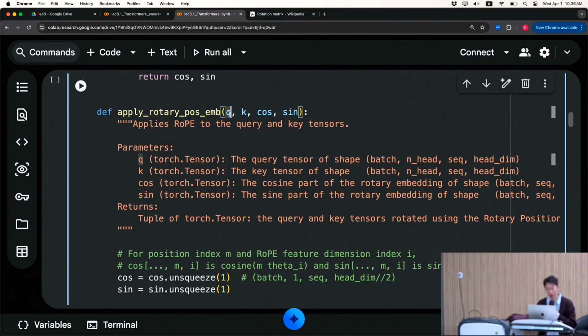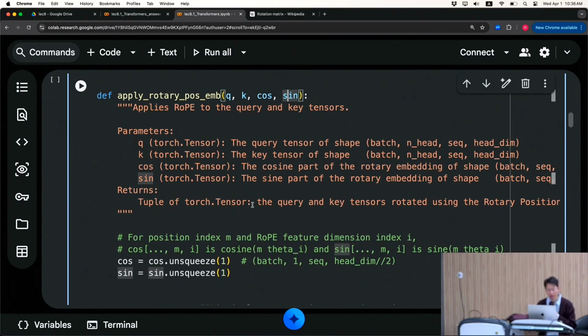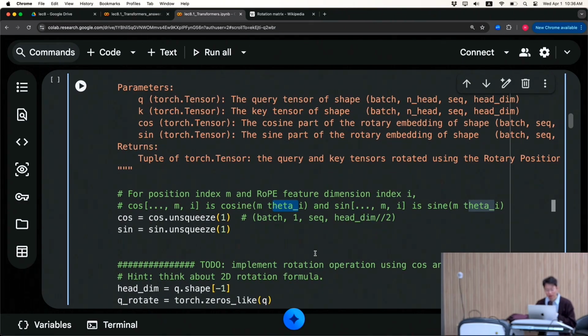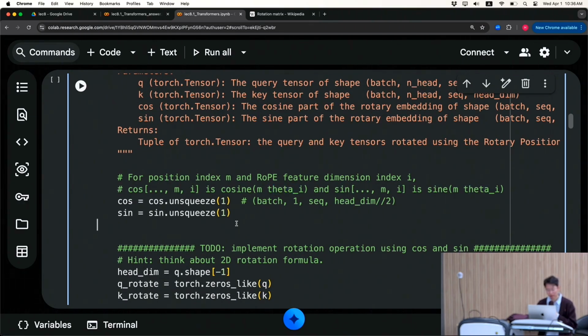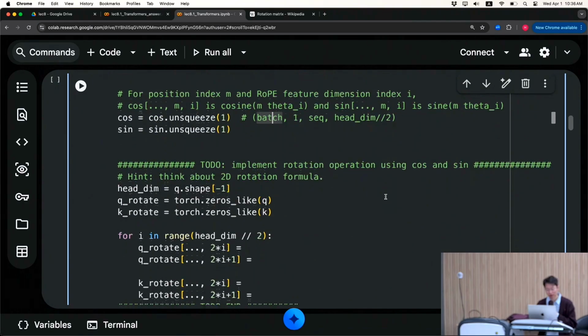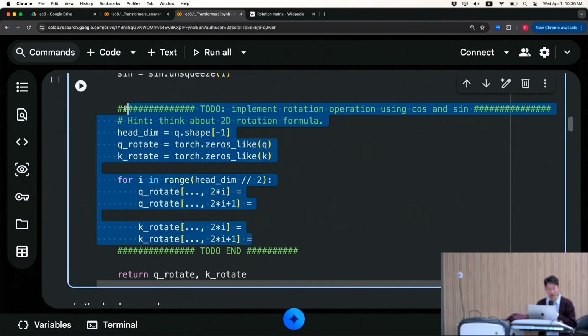Given query, key, cosines and sines, it's very simple. Cosines are, like I said, m times theta i, sines are m times theta i, and the end result is batch size 1 by sequence, head dimension over 2. And this portion is what you're going to implement.